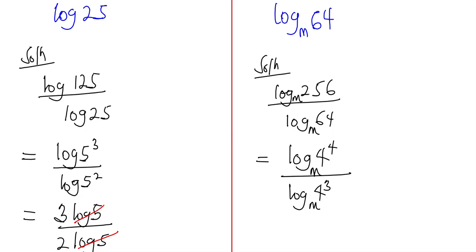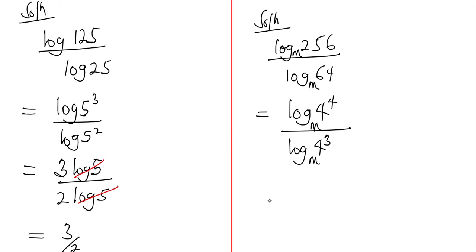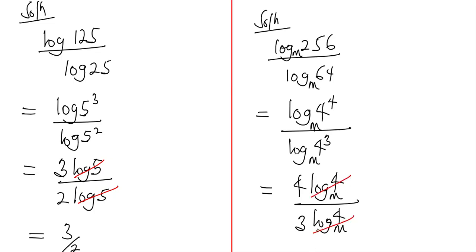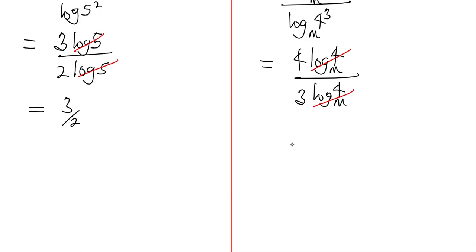Now using the product index law, that is coming from the laws of logarithm, we can write it as 4 log 4 base m divided by 3 log 4 base m. Now we can see that log 4 base m cancels log 4 base m at the denominator. So at this end, we have our final answer as 4 out of 3, and that becomes our solution. So this is how we solve questions like that. Now let's try the next set of questions.